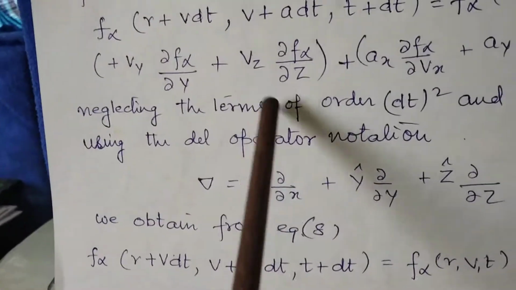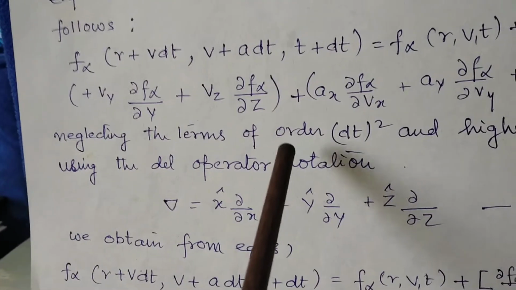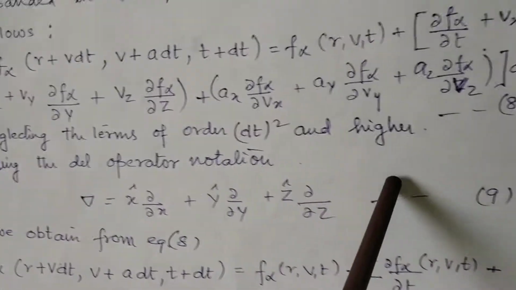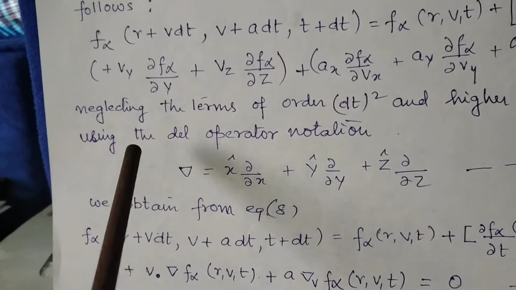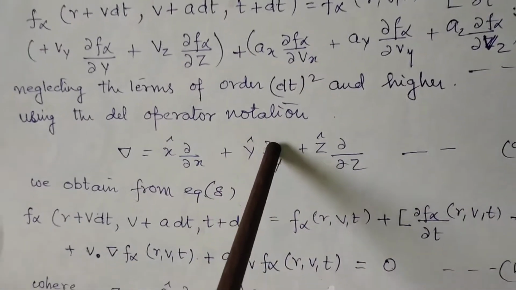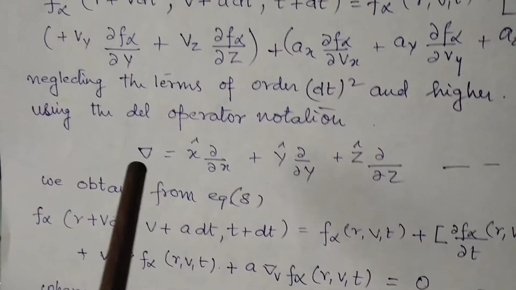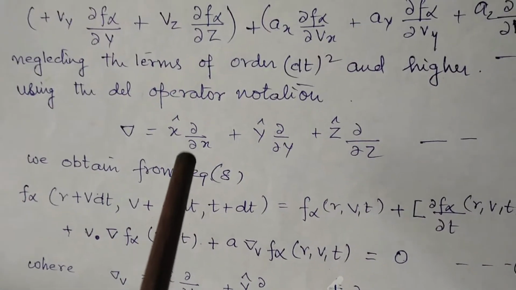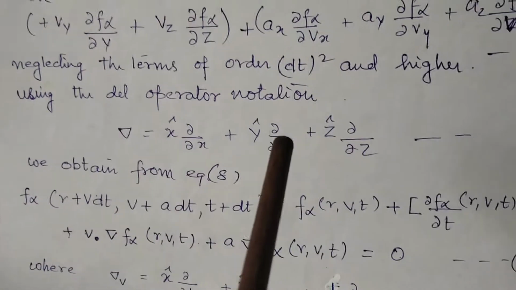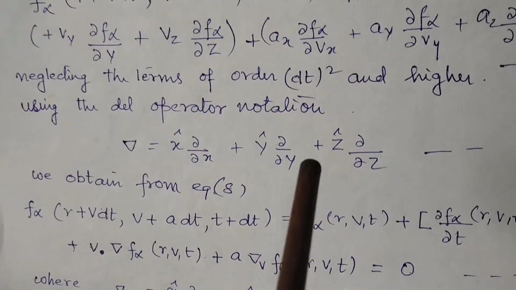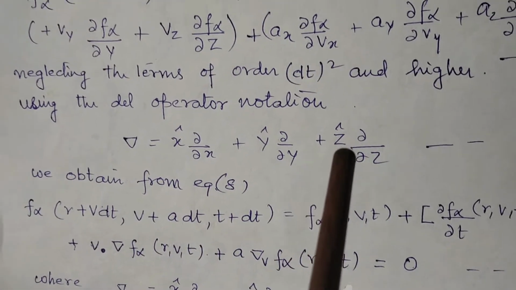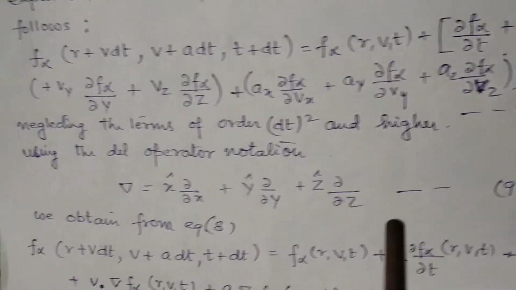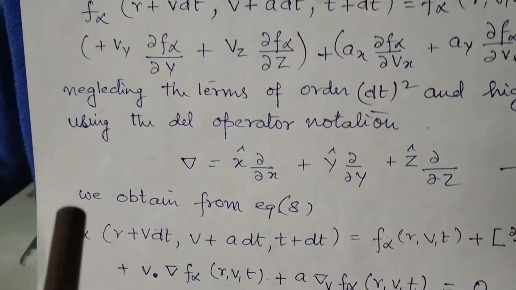Now neglecting the terms of the order of dt squared and higher, and using the del operator relation, that is del equal to x̂, the unit vector of x, multiplied by ∂/∂x plus ŷ ∂/∂y plus ẑ ∂/∂z. This is equation number 9.